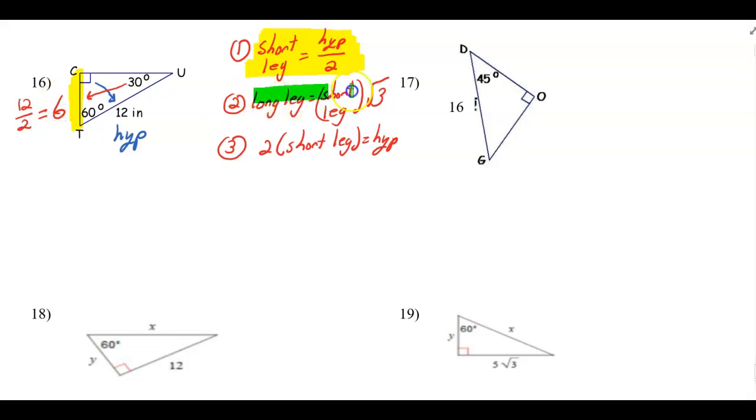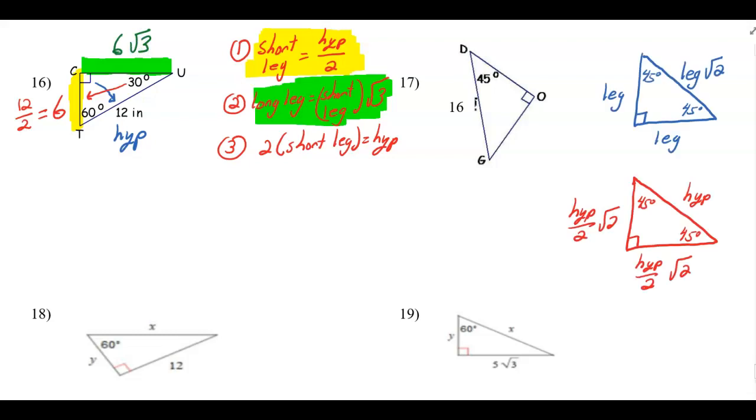We also learned that the long leg was the short leg times the square root of 3, which I'm highlighting in green. So therefore the green segment is going to be 6 square root of 3. For problem number 17, we learned in a 45-45-90 this yellow relationship. The 2 legs were equal, and the hypotenuse is the leg times the square root of 2.